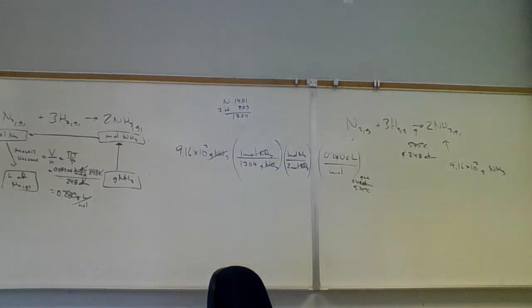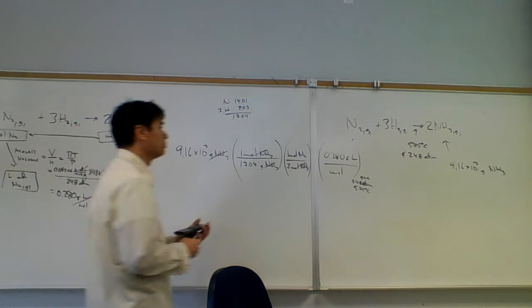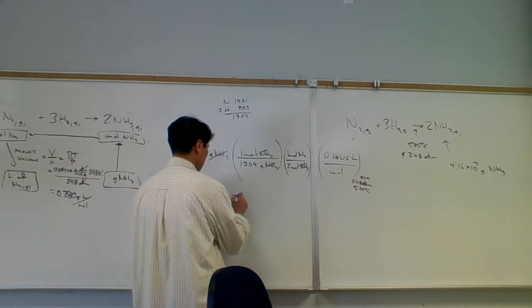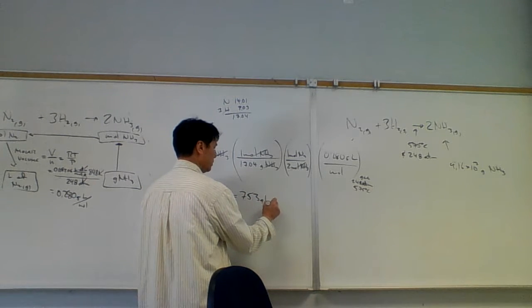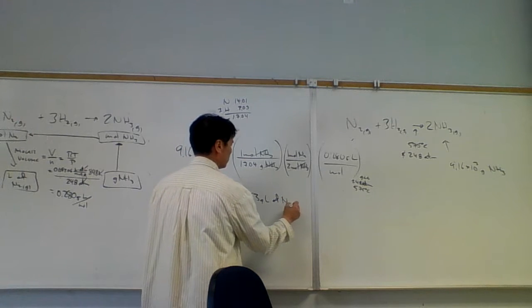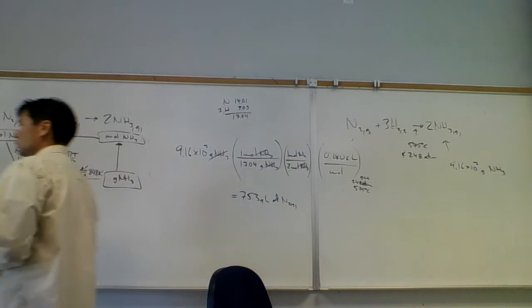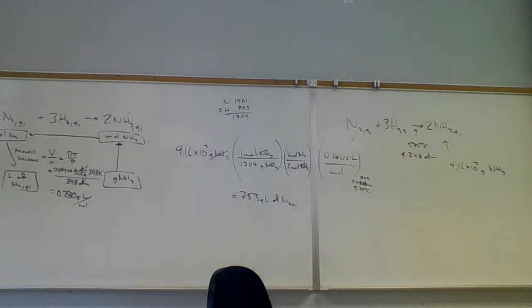So what we get here: 9.16 times 10 to the third divided by 17.04, divided by 2, times 0.2805. Under these conditions, we should have 75.39 liters of nitrogen gas to react.